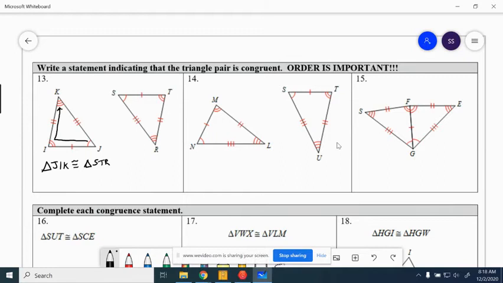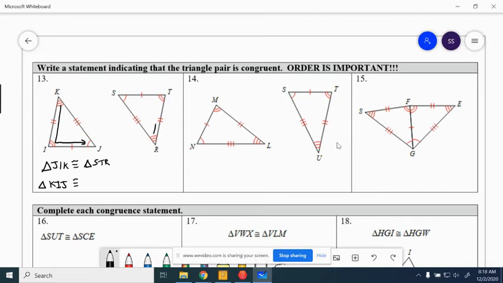All right, and what else can we say about this? I mean, we could name these differently. Well, we just have to keep the same order. Like we could definitely go the other way, right? We could go KIJ. Okay, we could say that, right? Triangle KIJ is congruent to, now we have to go in reverse as well.